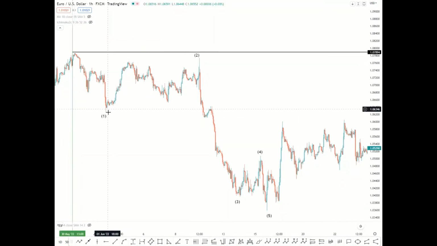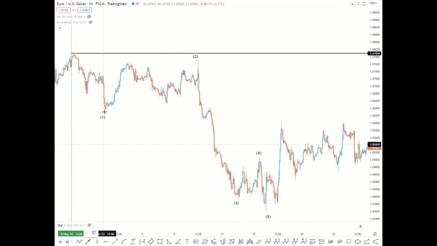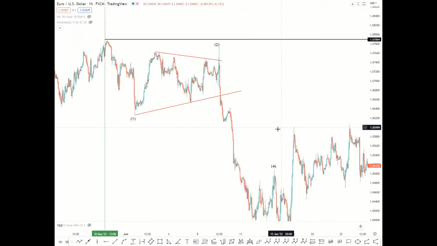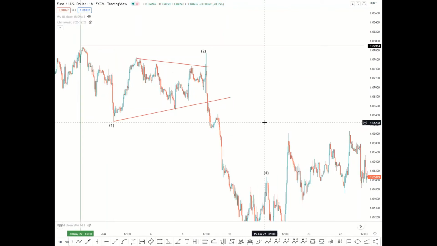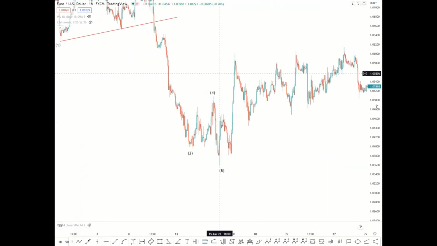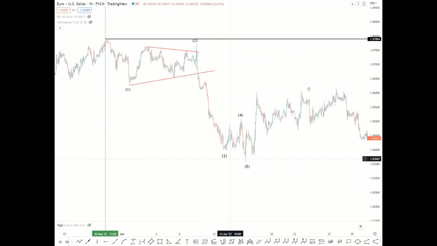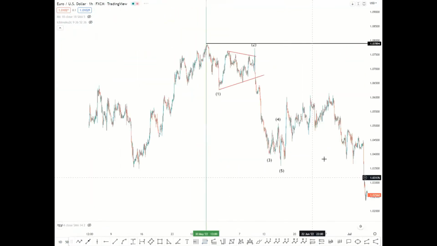So this one is going to be a 1 hour impulse, followed by the correction. We had this false breakout over here, but the basic structure is the most important thing: 1, 2, 3, 4, 5 before you see a big correction, and then you continue with the trend.